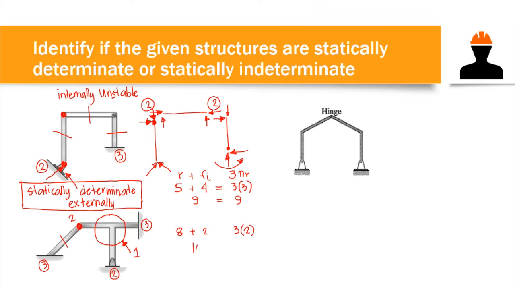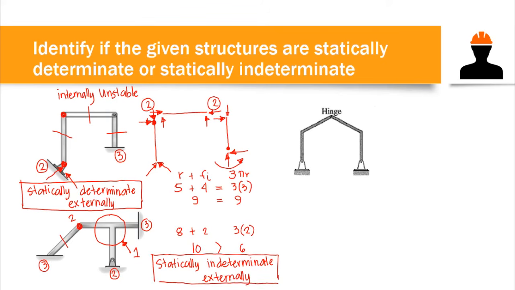So we have 10. At this point we have 6. That means we have a greater than sign. So we can say that this one is statically indeterminate externally. So we cannot use the equilibrium equations in computing the reactions.